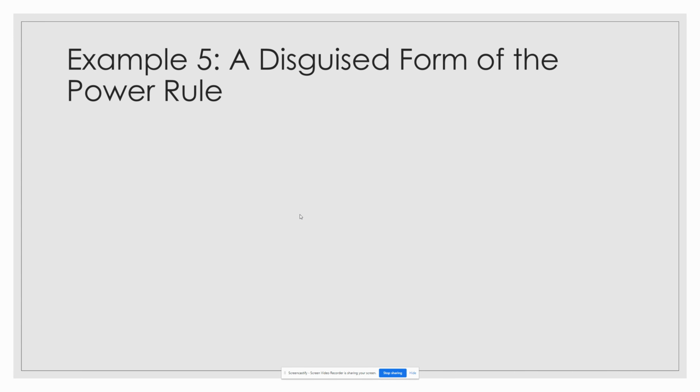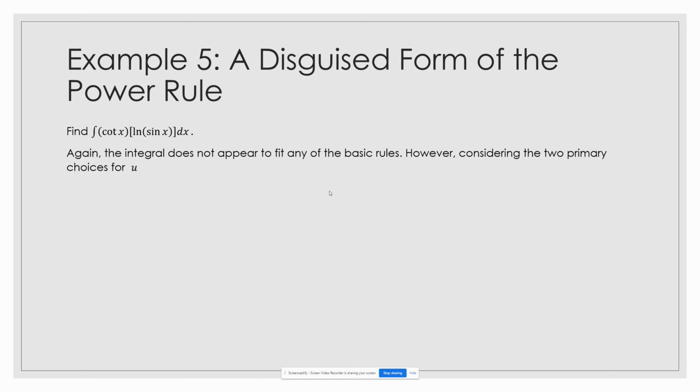All right, let's do a disguised form of the power rule. So we want to find the integral of cotangent of x times ln of sine of x dx. That looks disgusting. Okay, so again, this integral does not appear to fit any of the basic rules.